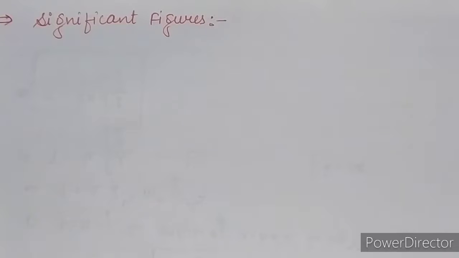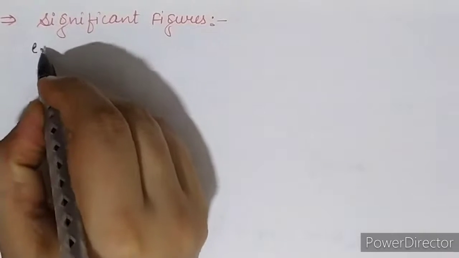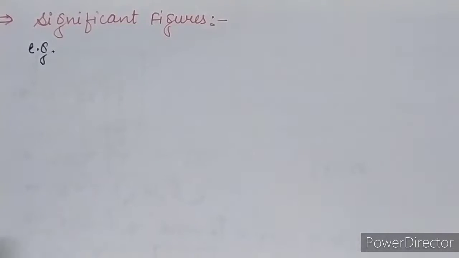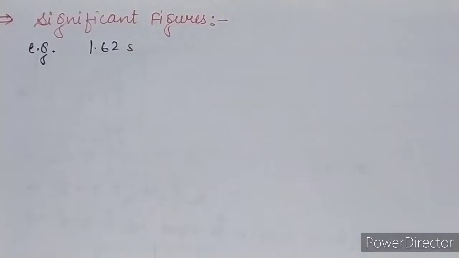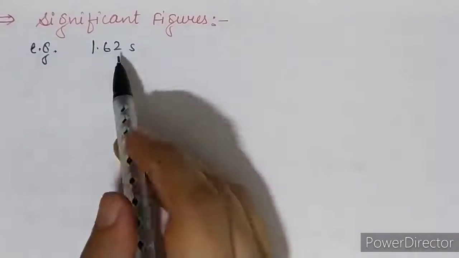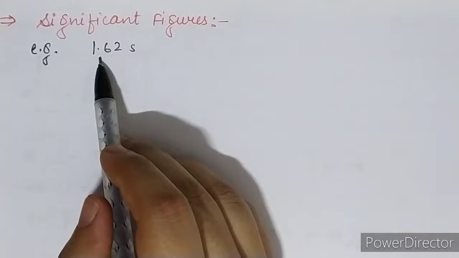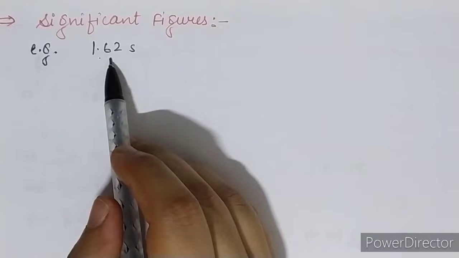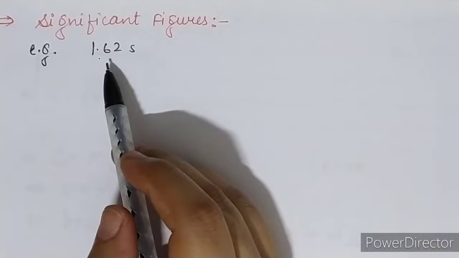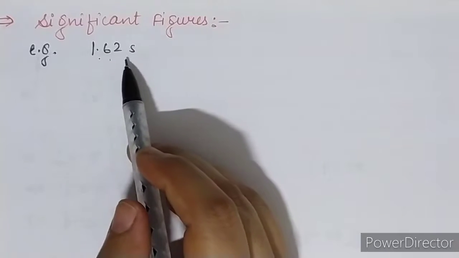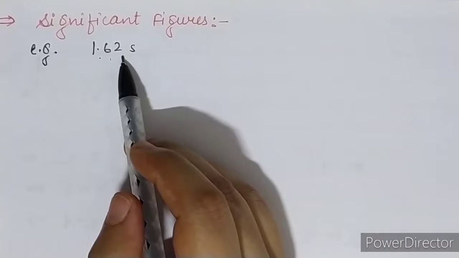If we take the period of oscillation, the time period that we are discussing, I will give you one example. Suppose the period of oscillation of a simple pendulum is 1.62 seconds. The digits are 1 and 6, which are reliable or certain values, while the digit 2 is the uncertain value.